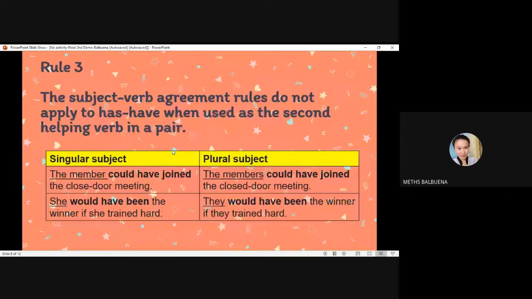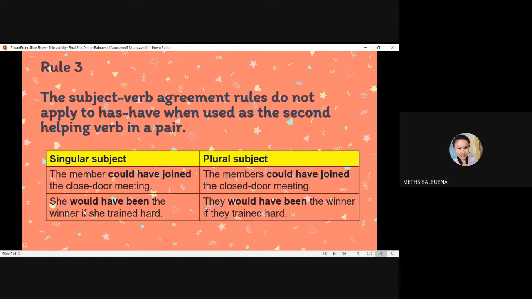So let's go with rule number three. The subject-verb agreement rules do not apply to has and have when used as the second helping verb in a pair. So here, in singular subject, "The member could have joined the closed-door meeting," and in plural subject, "The members could have joined the closed-door meeting."